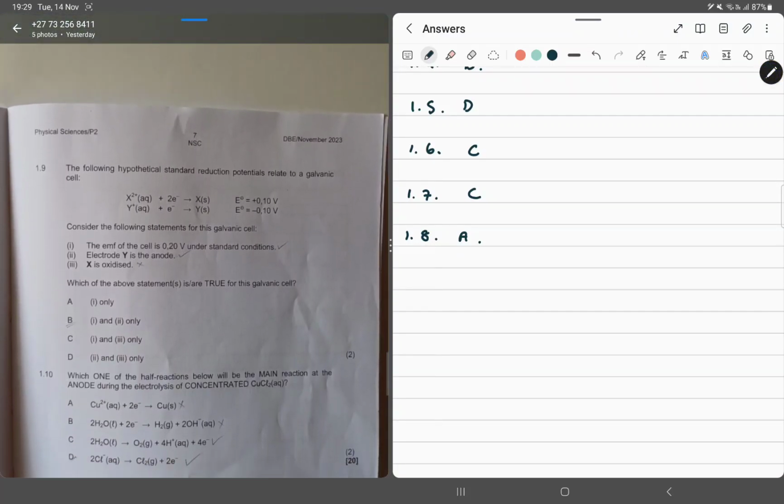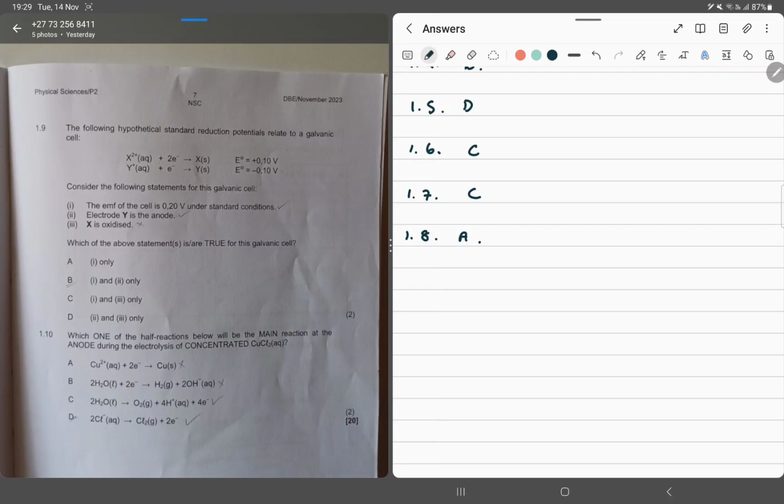Okay, let's do 1.9. So we're almost done, guys. So the following hypothetical standard reduction potentials relate to a galvanic cell. All right. So we can see here that some element X in ionic form 2 plus 2 electrons goes and forms this atom, which is a solid, and it has a positive reduction potential.